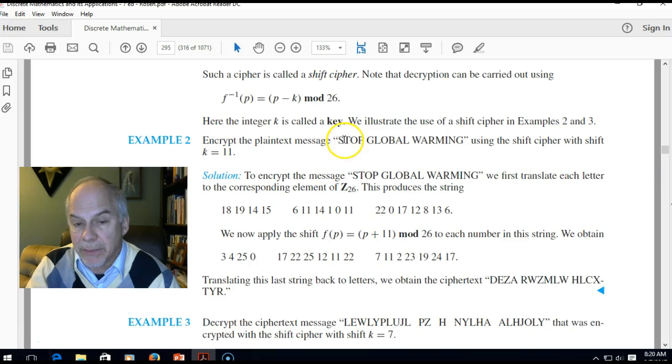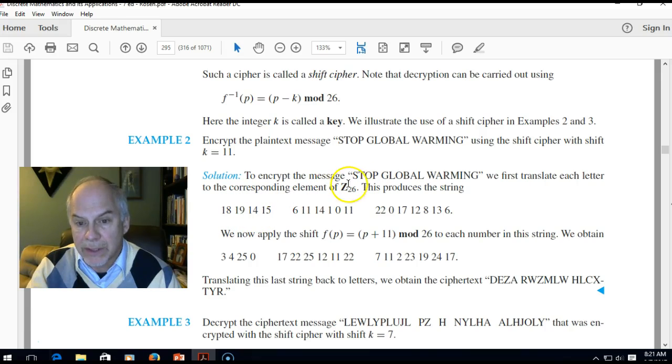Encrypting the plain text message, stop global warming, using the shift cipher with shift k equals 11. All right. So first of all, you translate every one of the letters into a number. S got translated to the number 18. T got translated to the number 19.